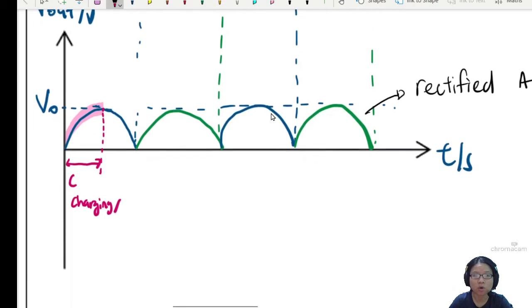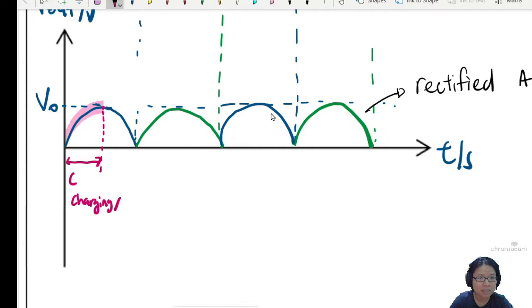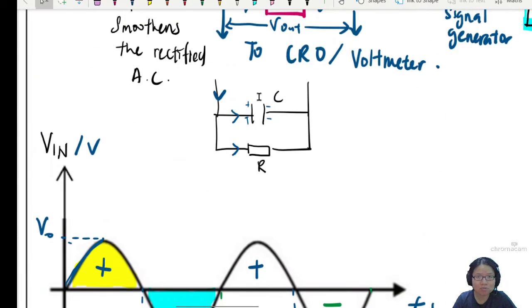And don't forget the whole idea of charging, if you remember your chapter 18, means it is storing energy for a rainy day. Miss, when is the rainy day? The rainy day is when your voltage drops. So right now, this one will store up to peak voltage V0. This one is also V0.